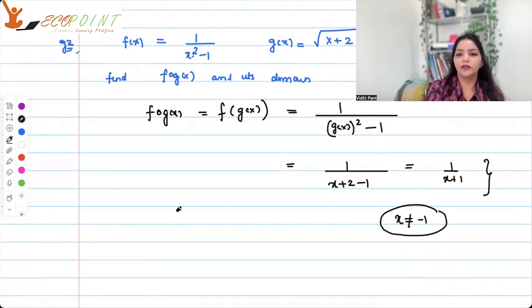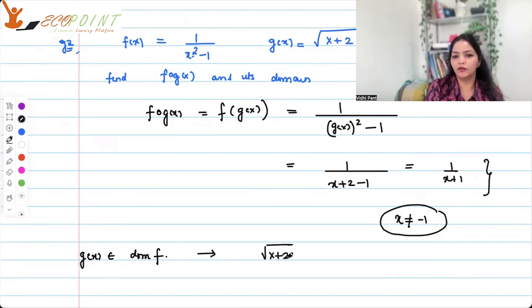Well, what you have just realized from here is the condition that g(x) should belong to the domain of f. For g(x) to belong to the domain of f, it basically means that square root of x plus 2 should not be equal to 1. Because if you look at the function f, the restriction on the domain is that input square should not be equal to 1.